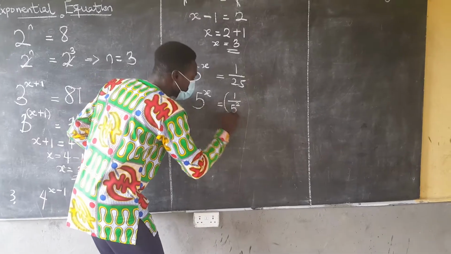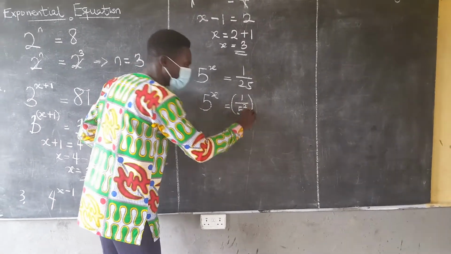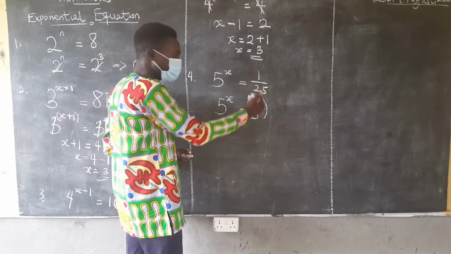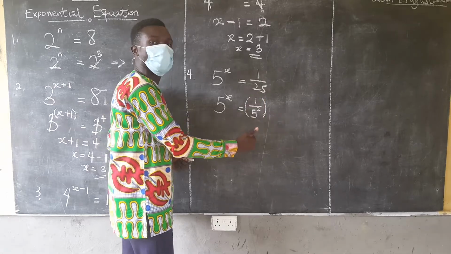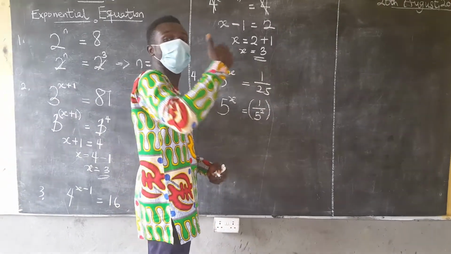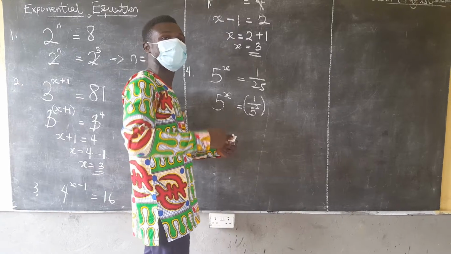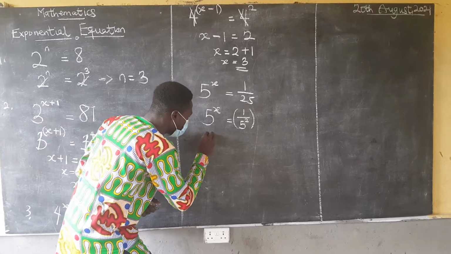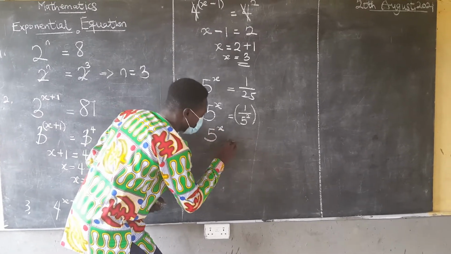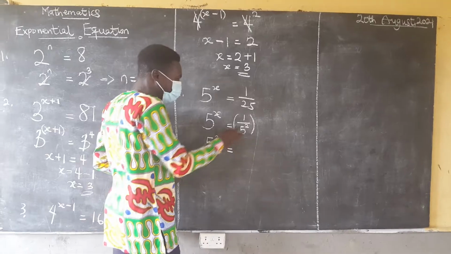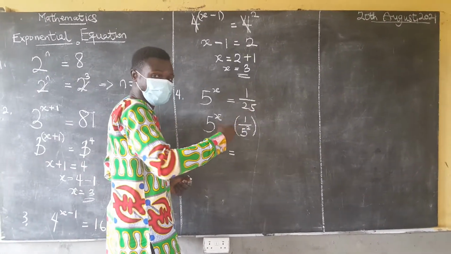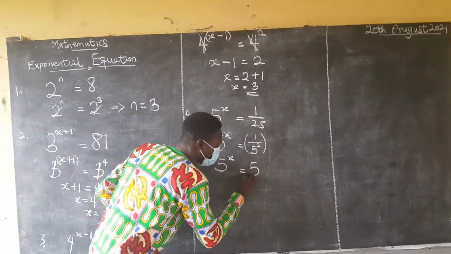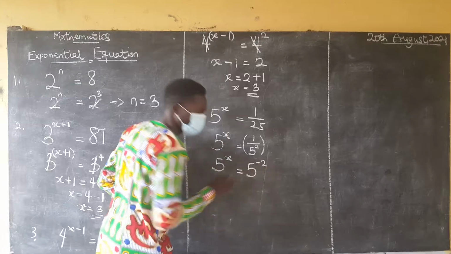Now, when we started with the powers of numbers, we said that when we have an exponent in this form, we write its reciprocal, or we write it in the negative form with the exponent. So this is 5 raised to the power x is equal to the reciprocal of a certain power of a number, and this is the same as 5 raised to the power negative 2.